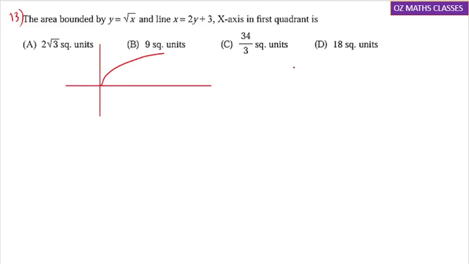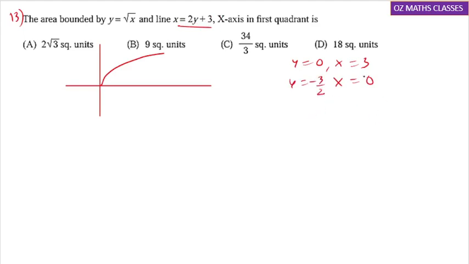So take arbitrary values of x and y for coordinates. When you take y equal to 0, if you put y equal to 0 here, what will you get? X equal to 3. And if you take x equal to 0, what will be y? When x equal to 0, y is minus 3 by 2.